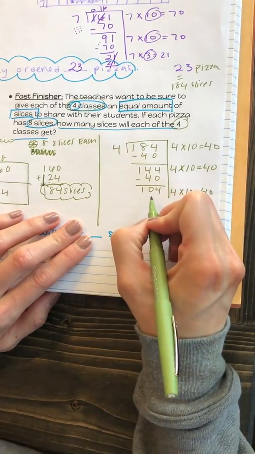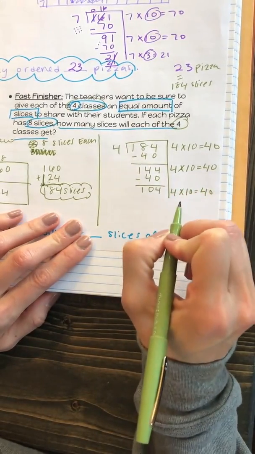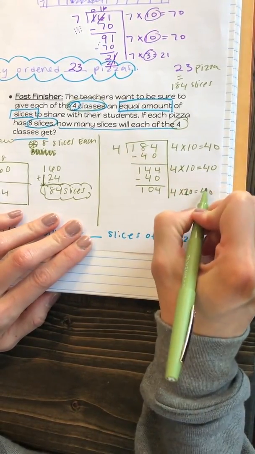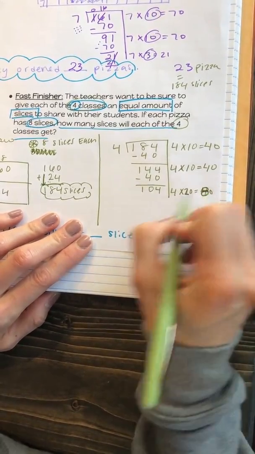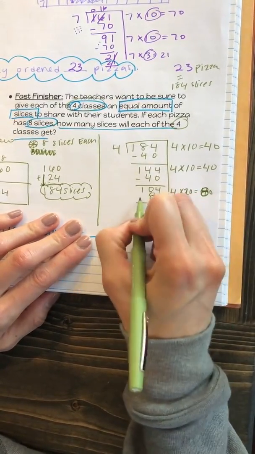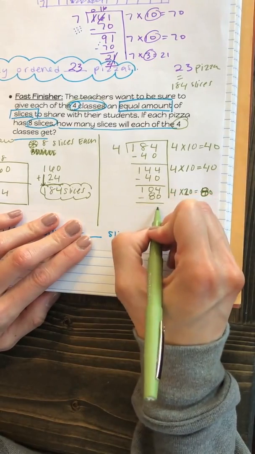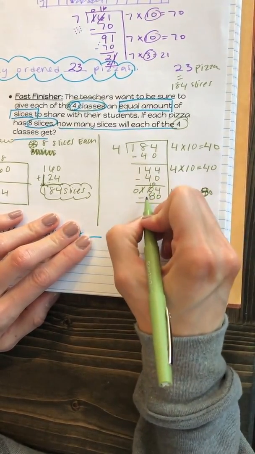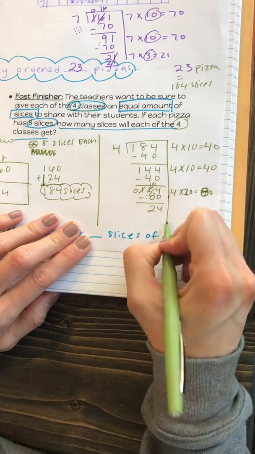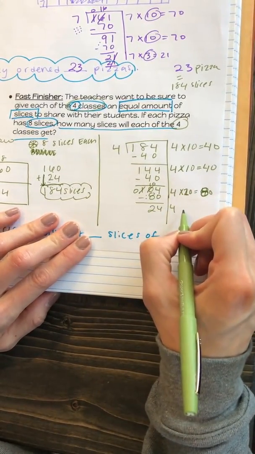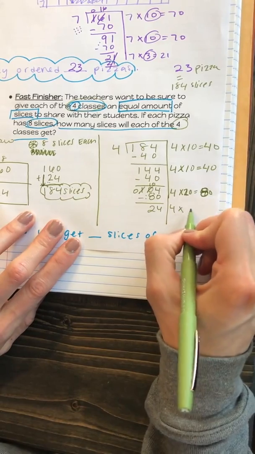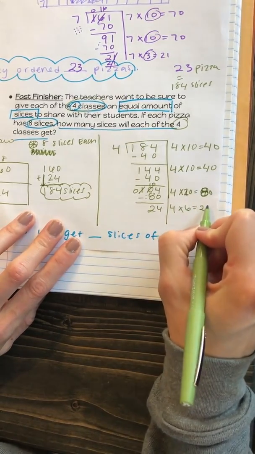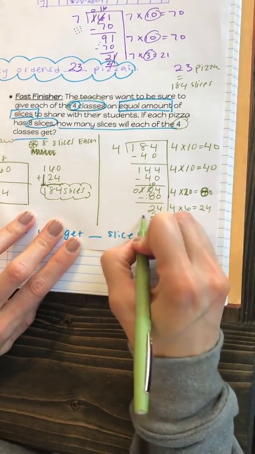You can do, actually we could even do 20 this time and get 80. So 4 minus 0 is 4, can't borrow here, so that becomes a 0. That becomes a 10, 8, 9, 10, 24, and 4 times 6 is 24.